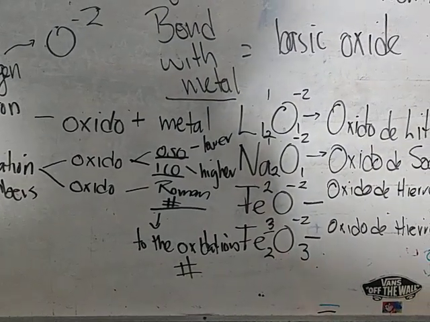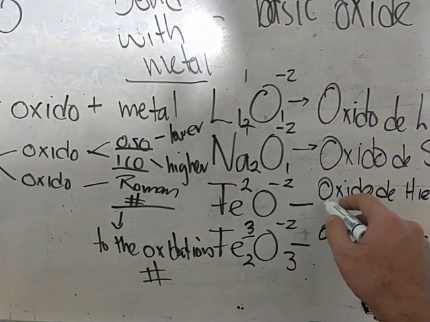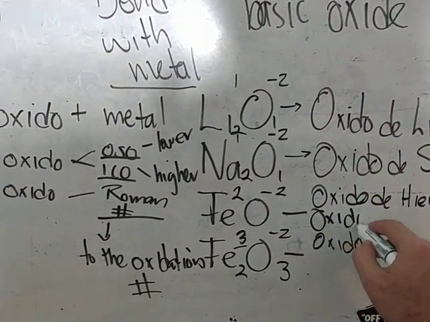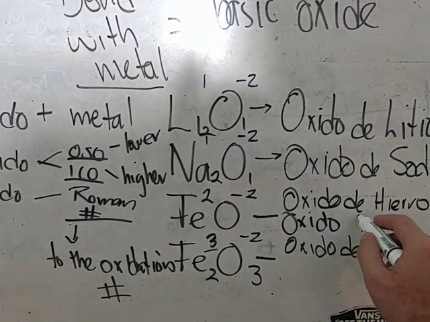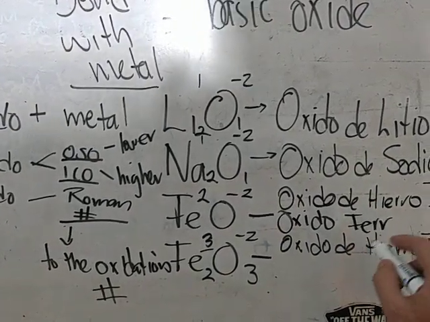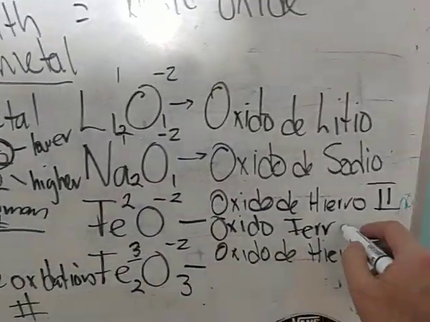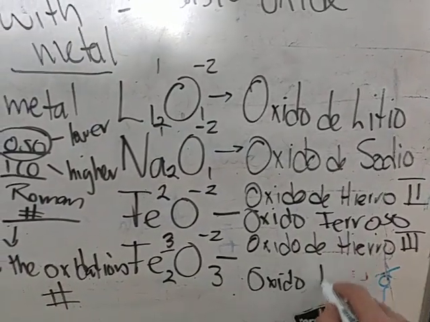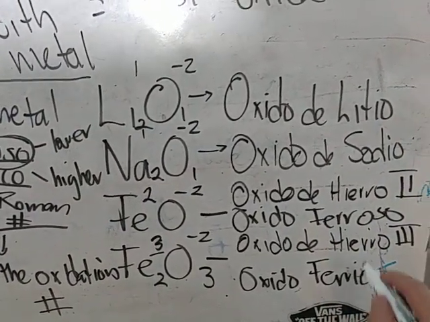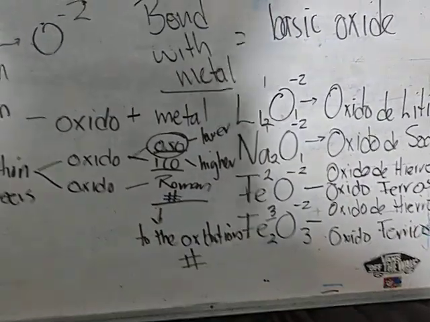First of all, we're going to name the first component as óxido. Don't forget the word óxido. But what do we have? It's the lower: óxido ferroso, or óxido férrico. That depends on the number that they have.